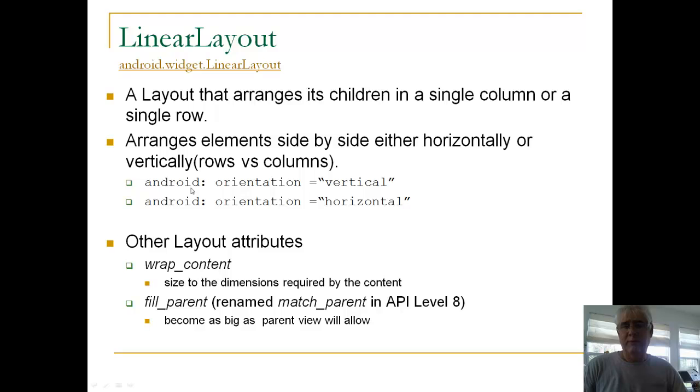Orientation is very important. Orientation equals vertical, orientation equals horizontal. What is this? This is an attribute for the linear layout element. These are attributes for the linear layout element. Remember what we said about attributes? They go inside the starting XML tag.